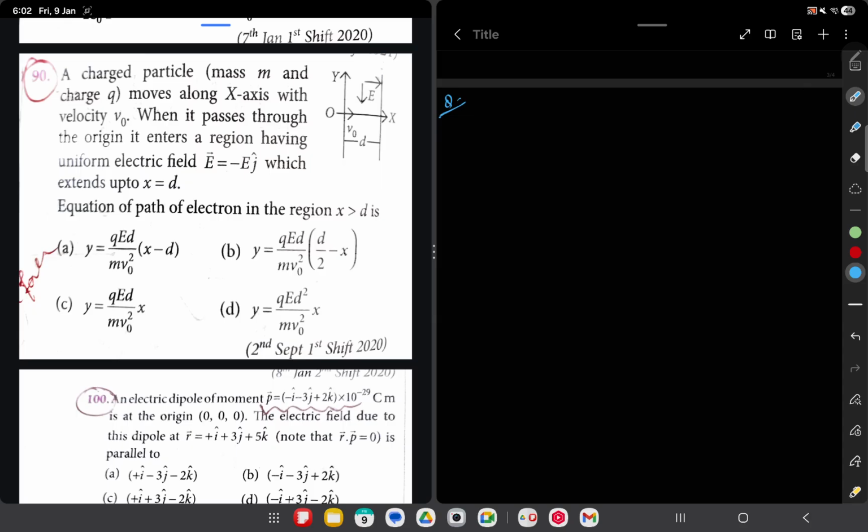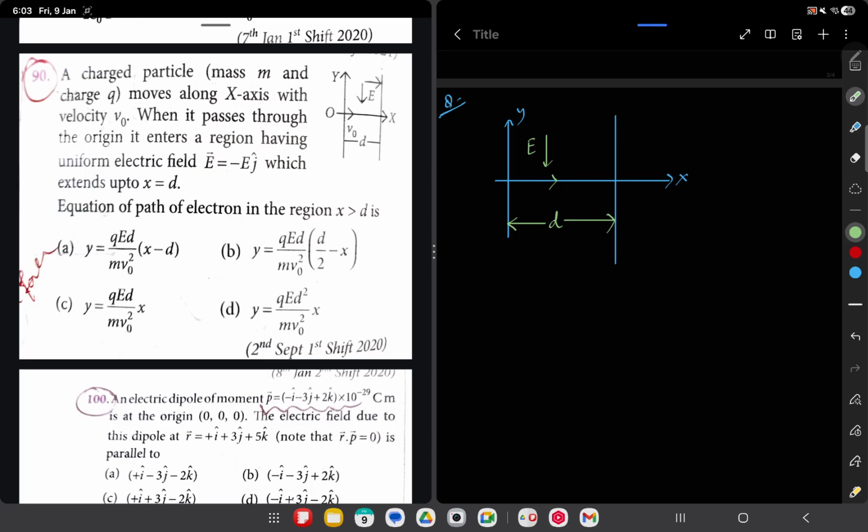So in this question, there is a y-axis, this is the x-axis, and this distance is d, and the particle is going in this direction along the x-axis. The electric field is in the minus j cap direction, and it extends up to this point.